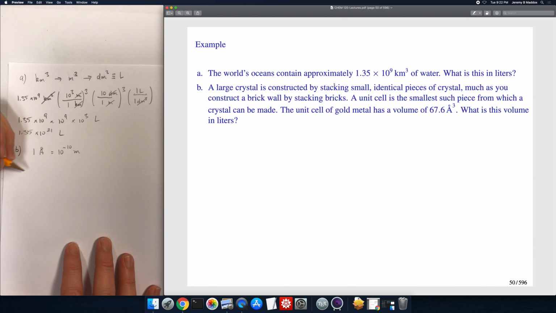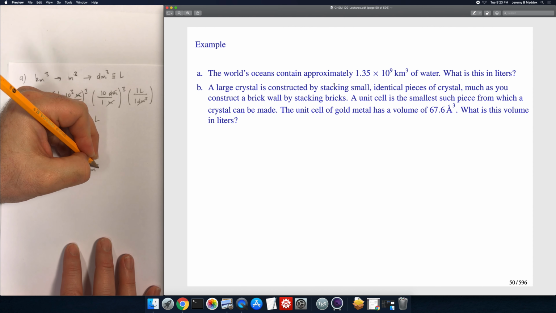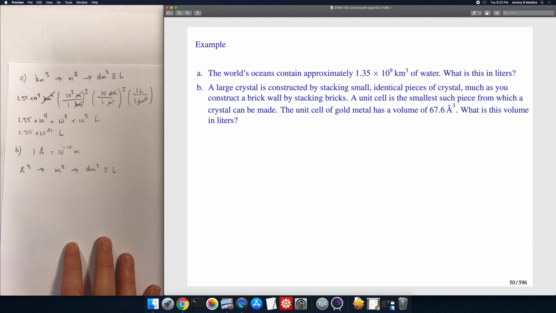Let's set up the problem. We are going to go from cubic angstroms. I recommend going to cubic meters, and then going to the cubic decimeters, which is equivalent to the liter. Okay, so starting with the 67.6 cubic angstroms, we're going to take advantage of this conversion factor here, which we can write 10 to the minus 10 meters per angstrom, and that needs to be cubed.